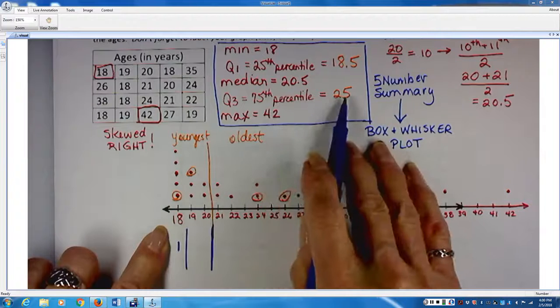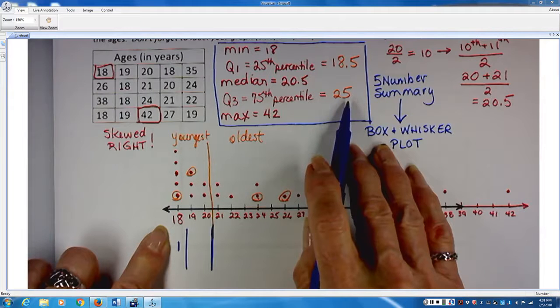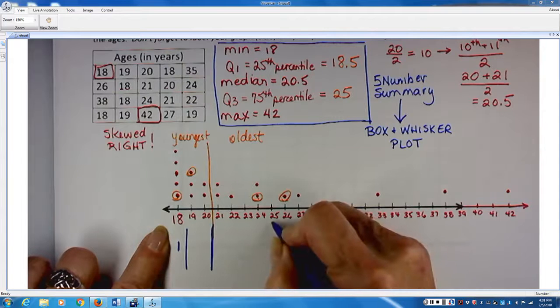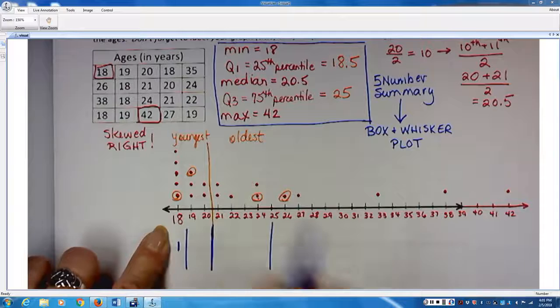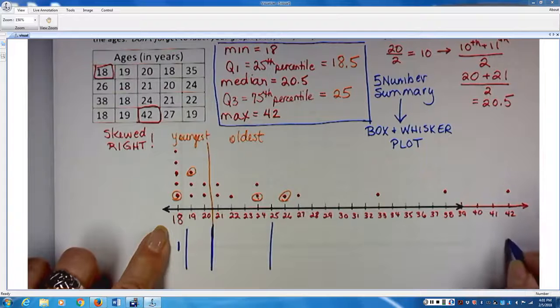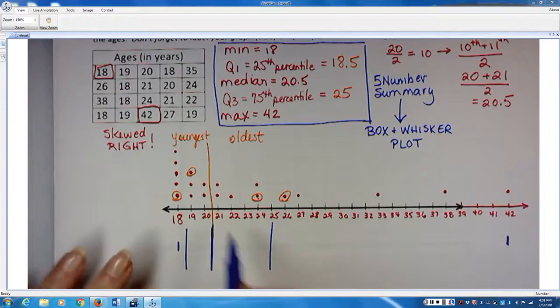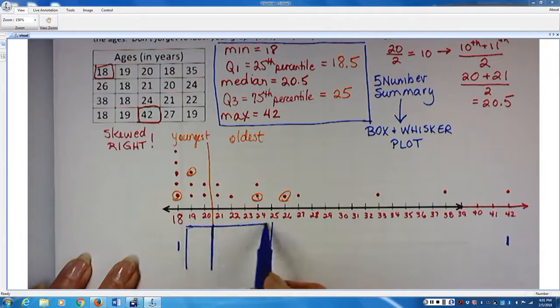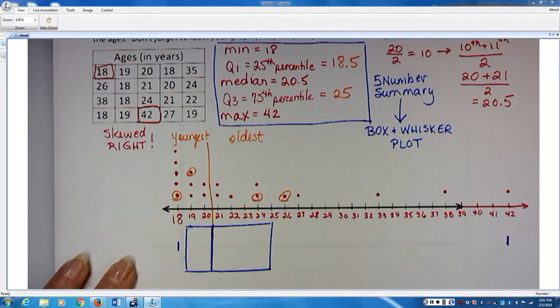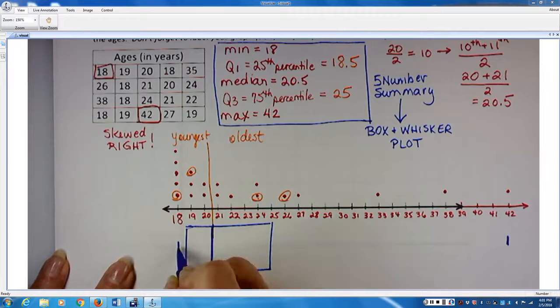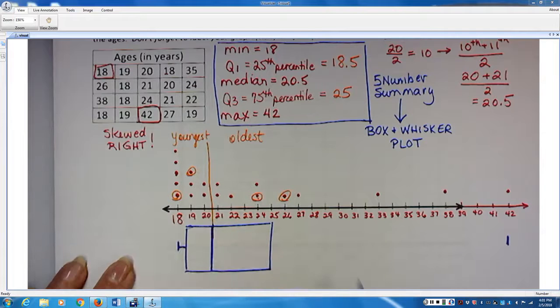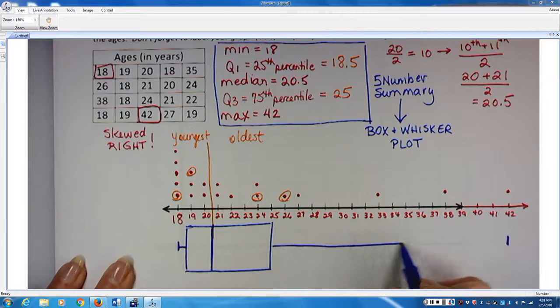One at my 75th percentile, or the middle of my older students, which would be 25. And then I'd make a mark at the oldest student. The box connects up the quartiles. The whiskers connect the box to the minimum and the maximum.